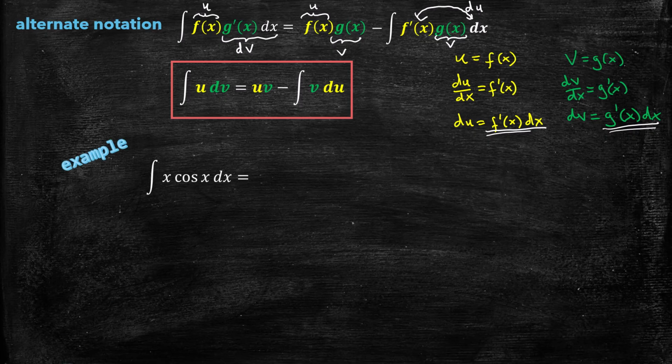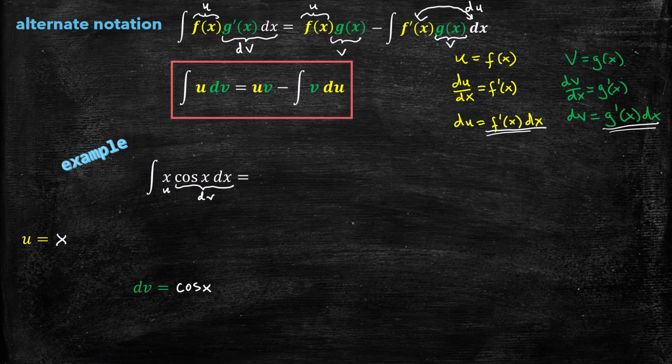Say, the integral of x cosine x dx. And again, there is some art that goes into choosing which one is u and which is dv, but we'll treat that in a moment. Right now, let's go with what we did before. Let's make u the first function, u equal to x, and that means dv, the whole thing, is going to be cosine x dx.